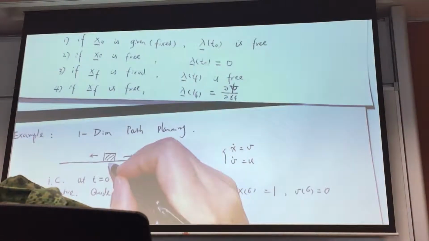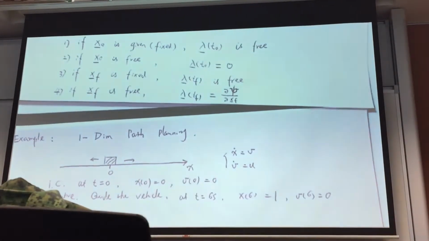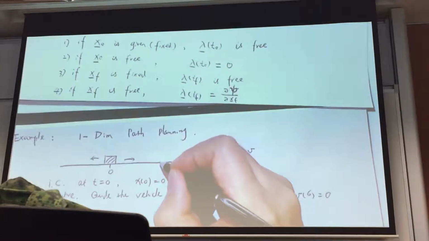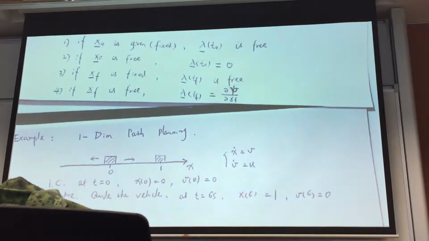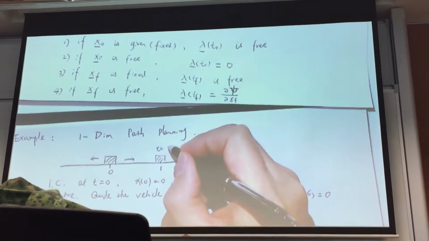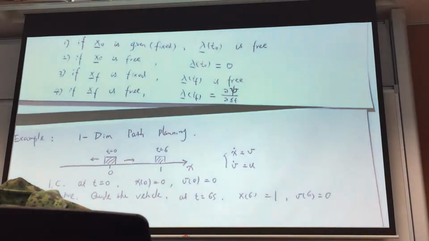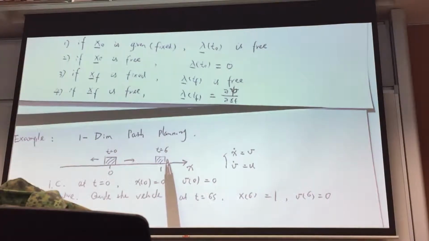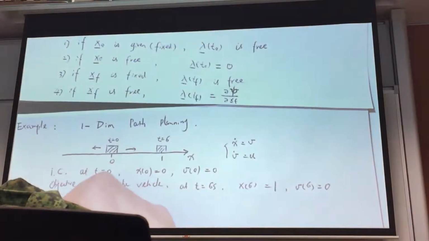So for example, here is 0. We want to move the vehicle to here at t equal to 6. This is t equal to 0. And the final velocity is 0, so it's static. This is the objective, and then our cost function.